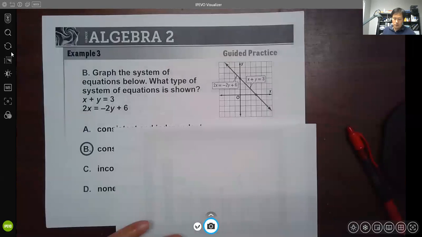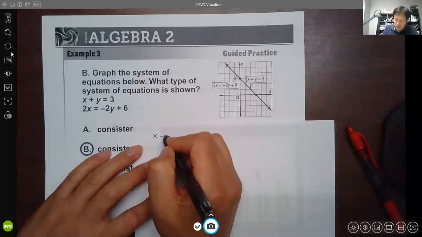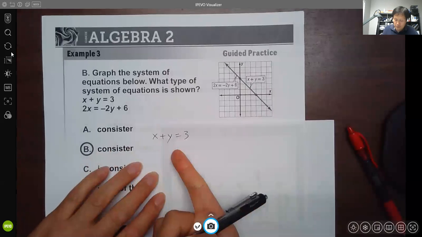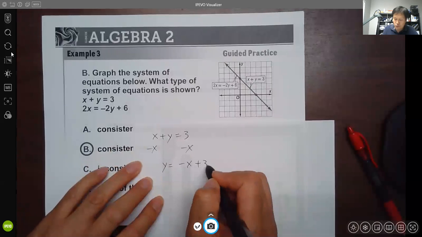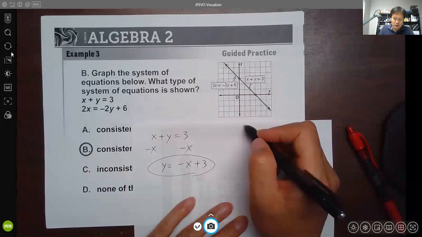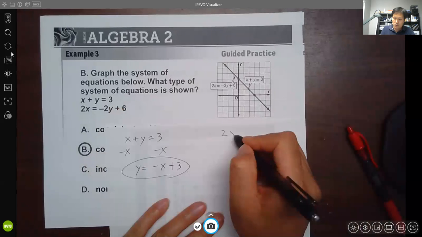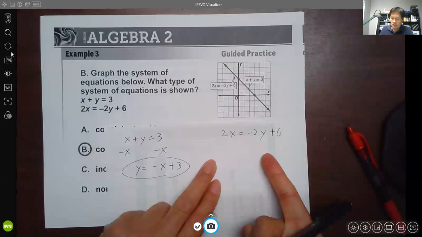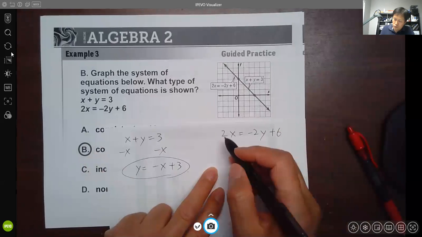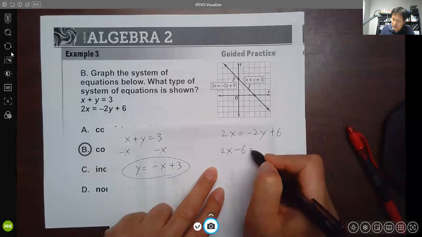Okay, x plus y equal to 3. Solve for y: minus x, you get y equal to minus x plus 3. That's one equation. Second equation, 2x equal to minus 2y plus 6. Solving for y, you can do 2x minus 6 equal to minus 2y.